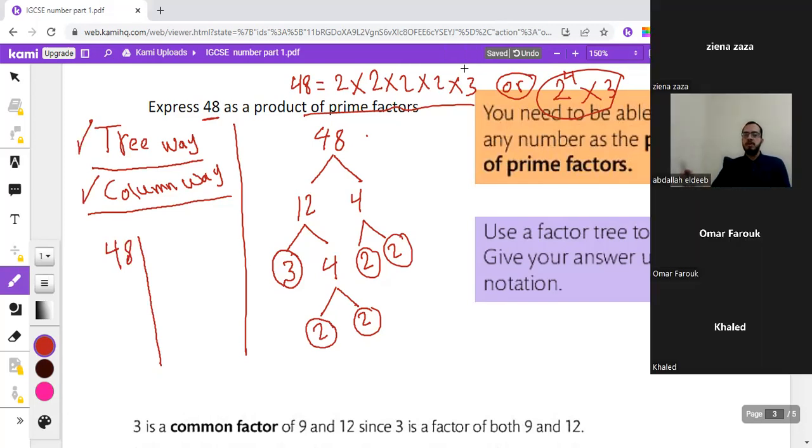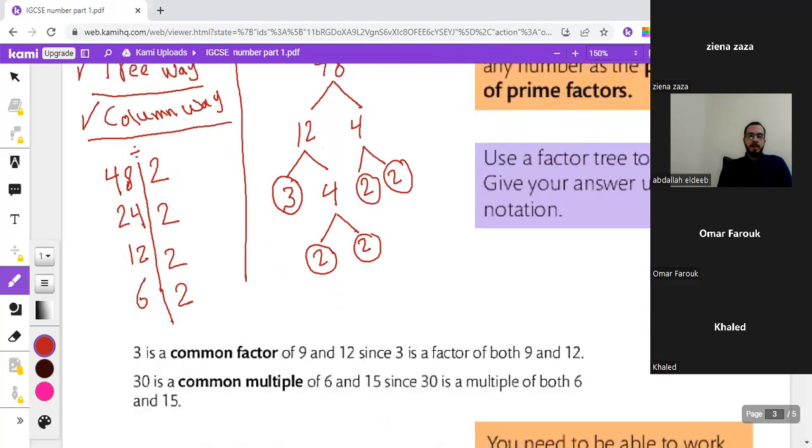Use any prime number that you can divide 48 by, like 48 divided by 2. 48 divided by 2 is 24. 24 divided by 2, 12. 12 divided by 2, 6. 6 divided by 2, 3. 3 divided by 3 is 1. So you start with the number and you end up with 1.